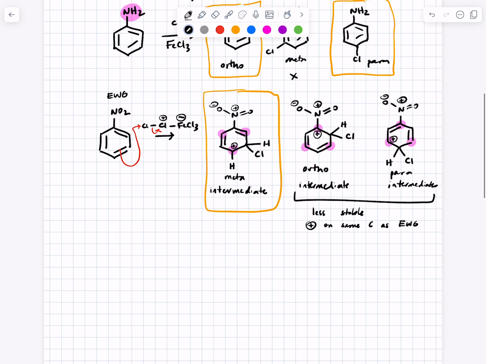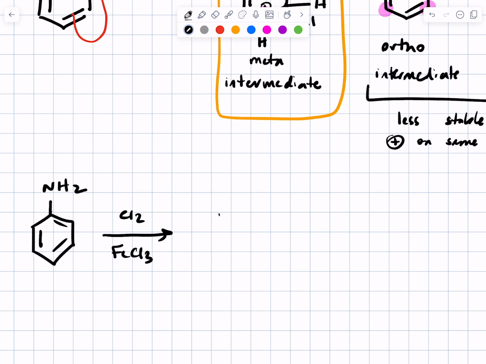In contrast, you can do the same thing with the aniline. I should just copy and paste, but for those of you that are writing on paper and can't, we'll just draw things out. So let's draw the meta intermediate for the aniline. That would put the chloro here, the plus charge here, nitrogen there.